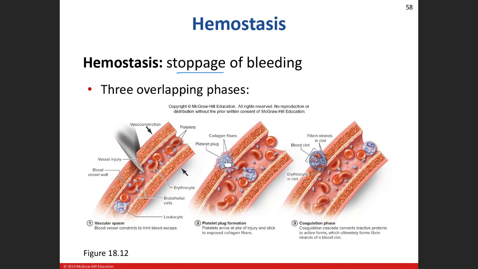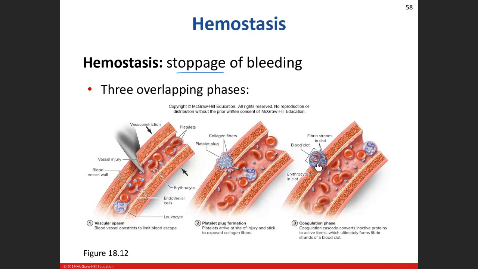So the platelets start to aggregate towards that area and start to clog things up. White blood cells will come over there to help clean it up. Red blood cells will get stuck in it. We'll go through all this. So then we start to clot the blood so we can stop the bleeding.